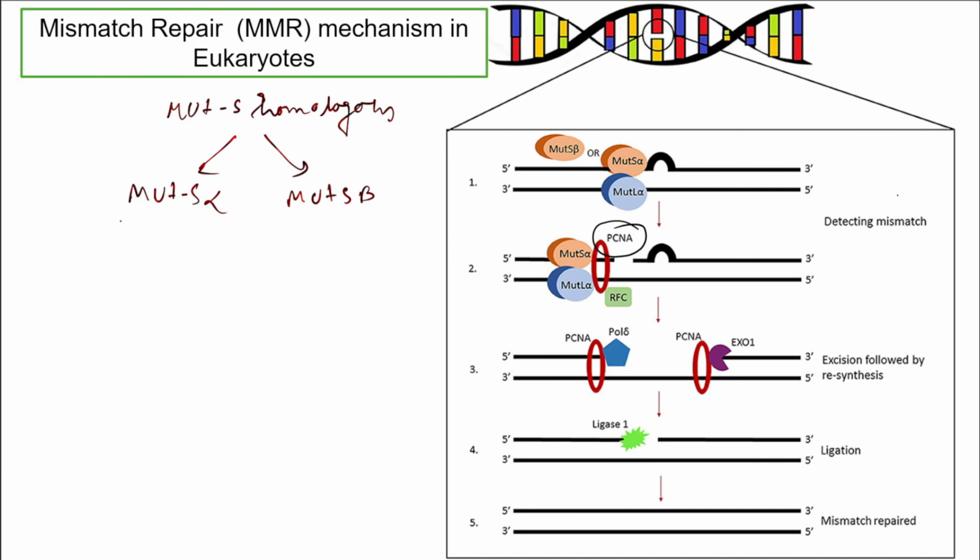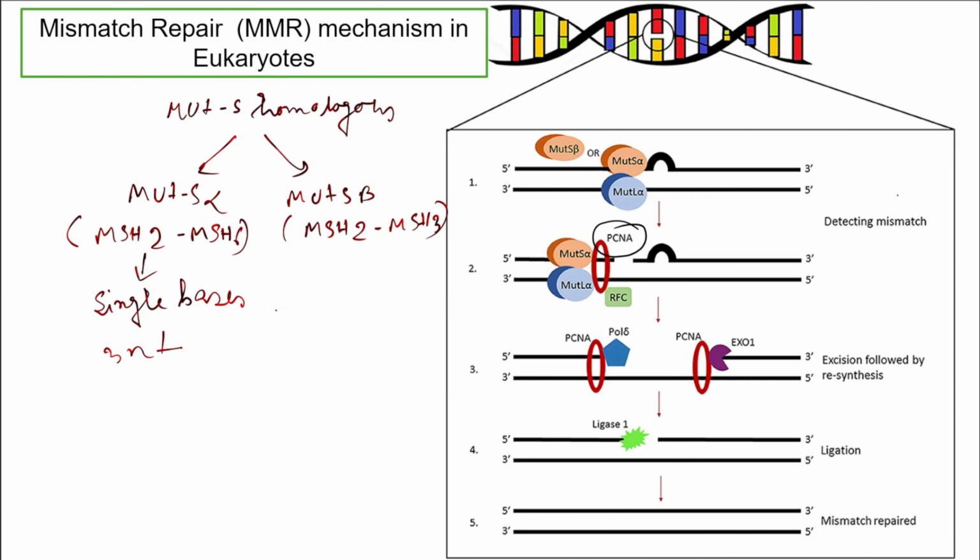MutSalpha is a heterodimer of MSH2 and MSH6, and MutSbeta is a heterodimer of MSH2 and MSH3. MutSalpha detects single mismatched bases or small loops up to 3 nucleotides in size. But MutSbeta detects larger indels, up to 13 nucleotides of misincorporated bases. So MutSalpha or MutSbeta first scans the mismatched bases.